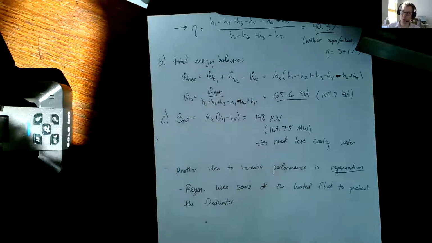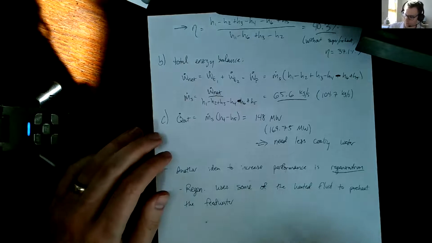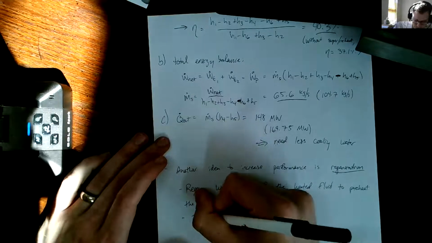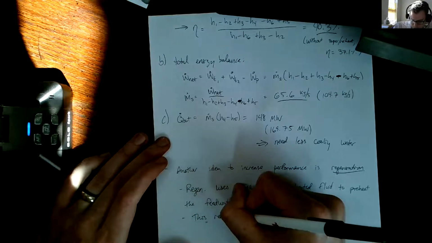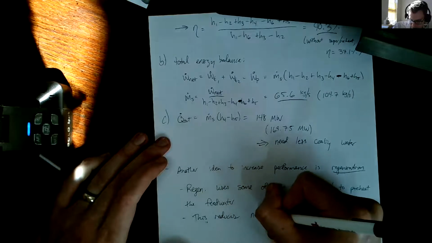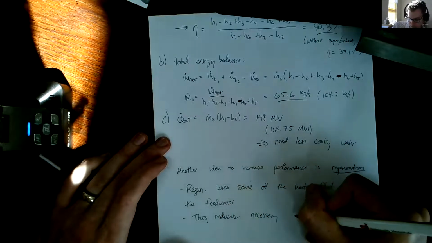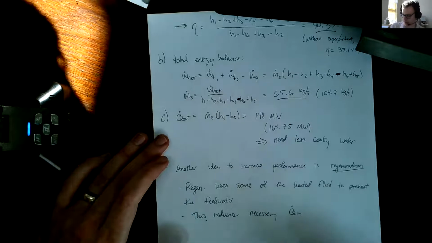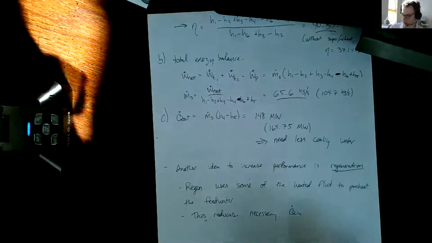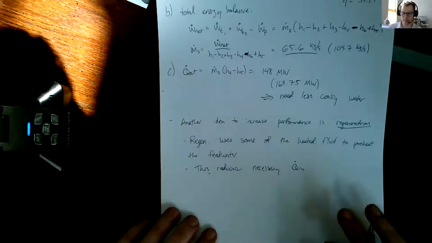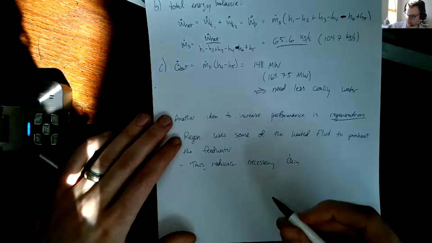Remember, the feed water is the water that goes into the steam generator. This reduces the necessary Q dot in. So I'm going to draw a schematic for this, and then I'll draw the TS diagram on Monday, just so that you can see how this works.